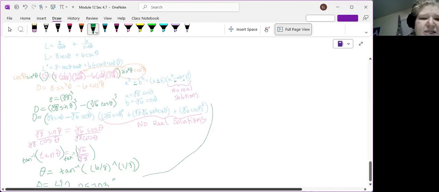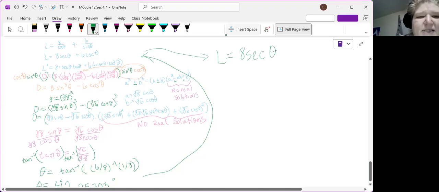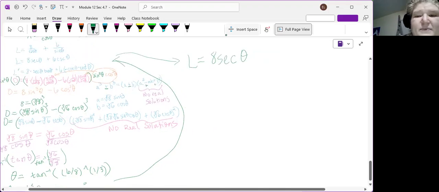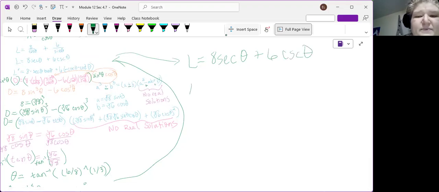All right, so we're taking this guy back to L, which I'm going to write over here. L is 8 secant theta plus 6 cosecant theta. So L is 8.